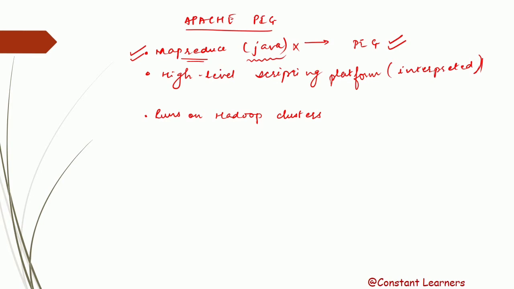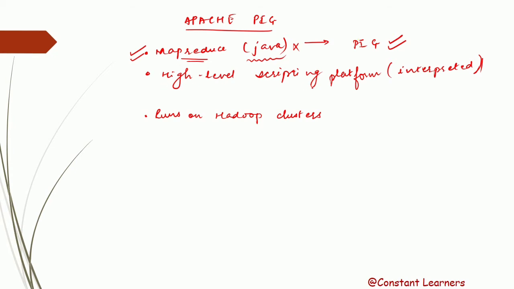In MapReduce, since the functions started increasing, the coding in Java also started getting complicated. So Pig is something wherein we don't have to write so many lines of code, and that is why Pig is far easier to use than Java or the MapReduce function.